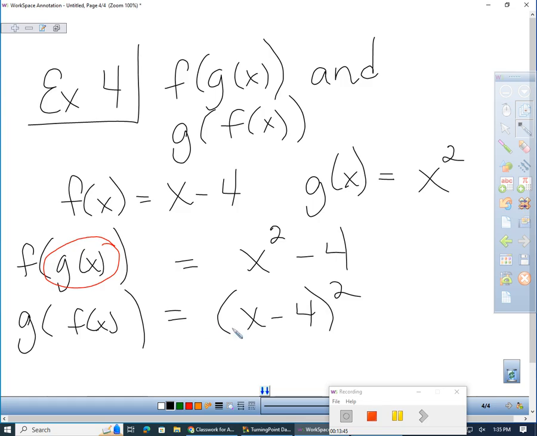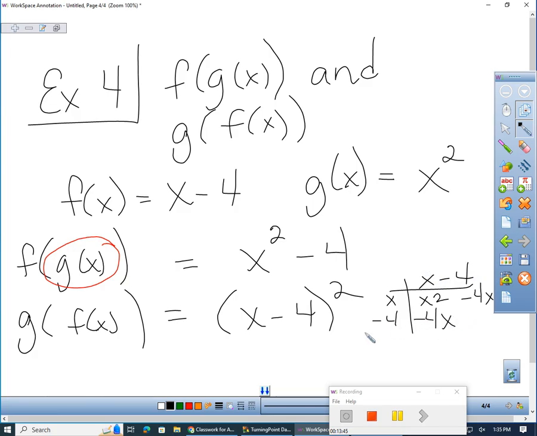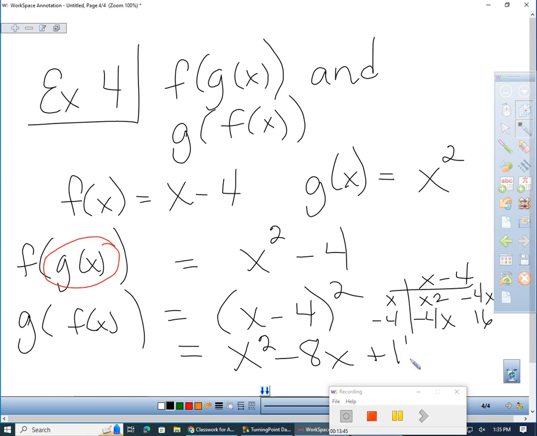And how do we multiply it out? Got to do the box. You're right. So x minus 4 times x minus 4. X times x is x squared. X times negative 4 is negative 4x. X times negative 4 is negative 4x. Negative 4 times negative 4 is 16. So this final answer is x squared minus 8x plus 16.